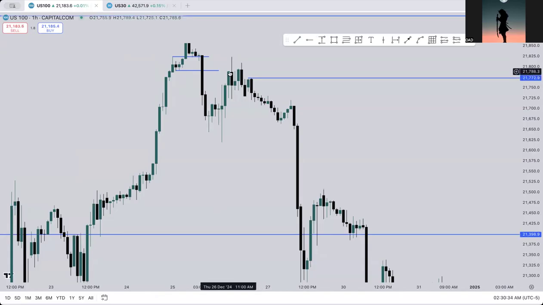So now you can see a high to the left and a high to the right. So you can see this subordinate hybrid swing high was destroyed, right? So this is one of the deviations from the normal way for a high to form. We destroyed that subordinate hybrid swing high immediately.